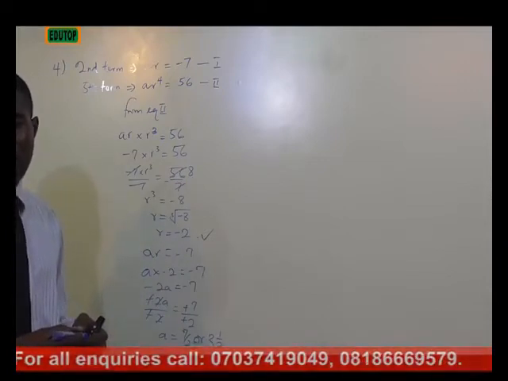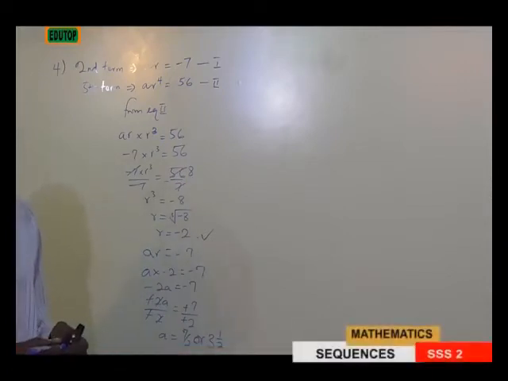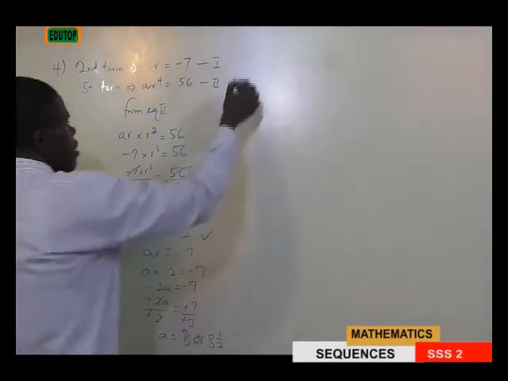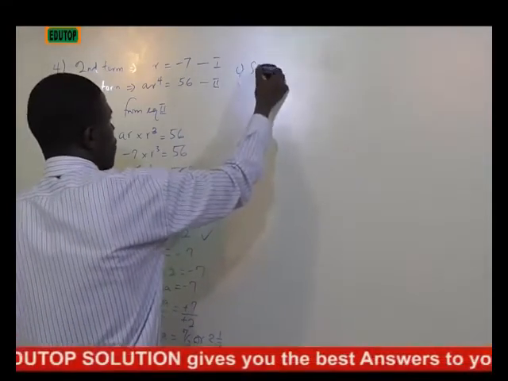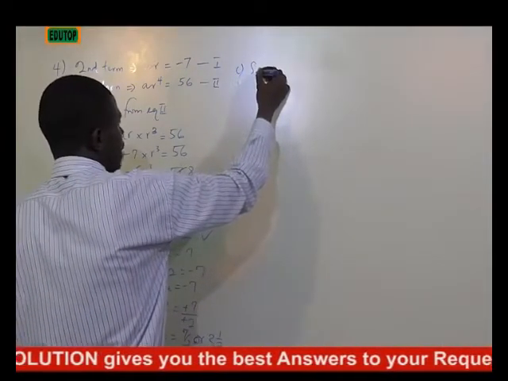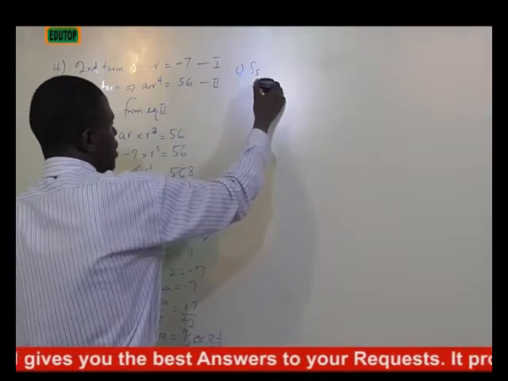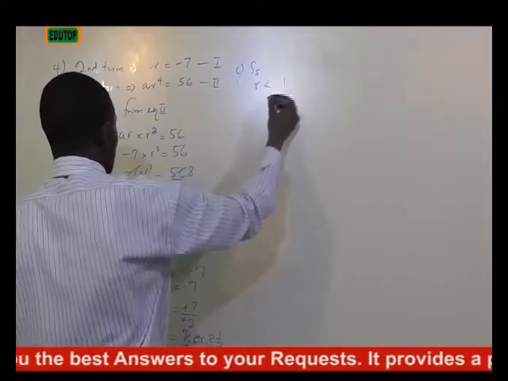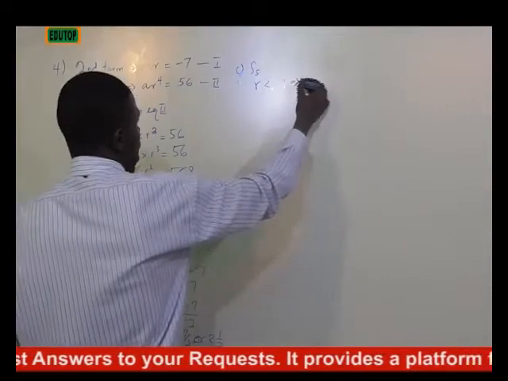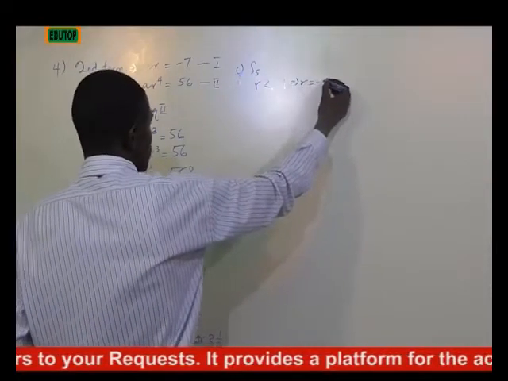Then the C part says the sum of the first 5 terms. C part, the sum of the first 5 terms, that is S5. Remember that our R is less than 1, because our R is minus 2.